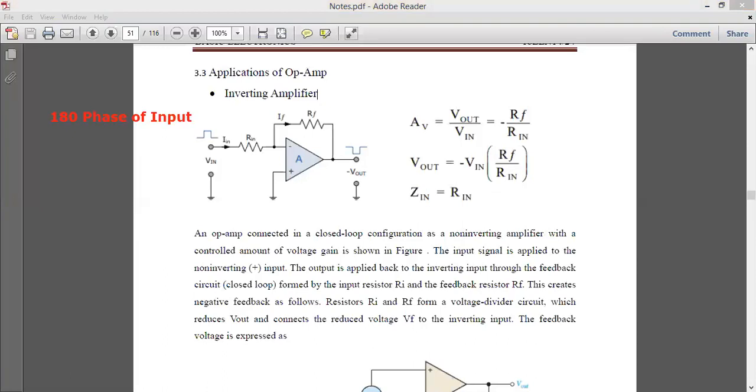This diagram is very simple to construct, and remember, all the applications of op-amp have negative feedback.